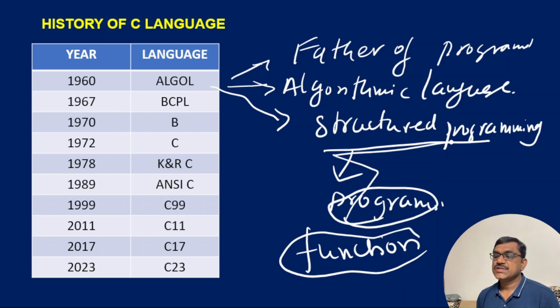This we call structured programming. But the problem with ALGOL is that there are many limitations and challenges. Data prototyping, declaring the variables and writing the program is very, very difficult in ALGOL.